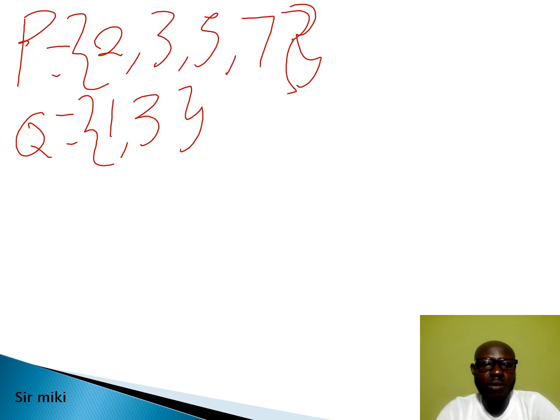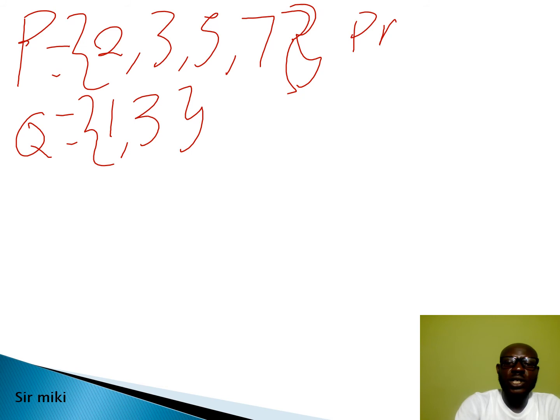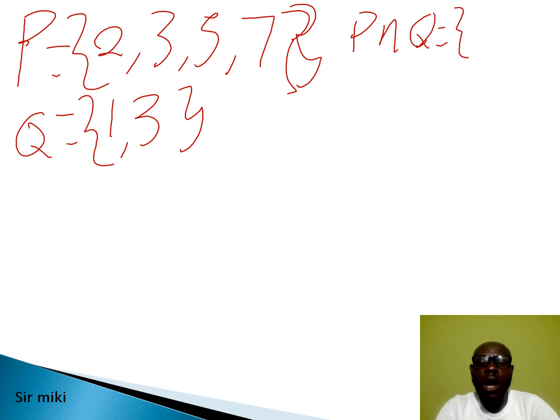Now we have to find P intersection Q. Earlier on we explained that when we say intersection of sets, they are the elements found in both sets. So if you look at set P, we have 2, 3, 5, 7.